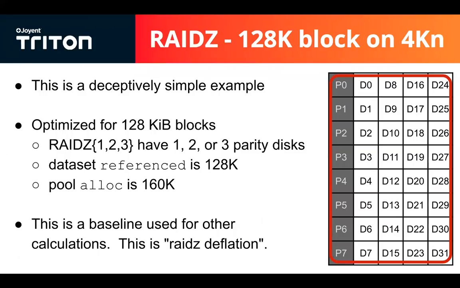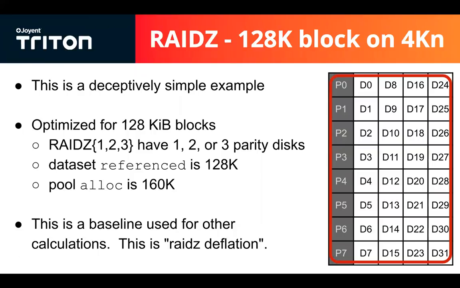So we have 8 sectors that are used for parity and 32 sectors that are used for data, for a total allocation size of 160K. That means that the pool's alloc, or allocated, will increase by 160K with this write, and the free property for the pool will decrease by 160K.